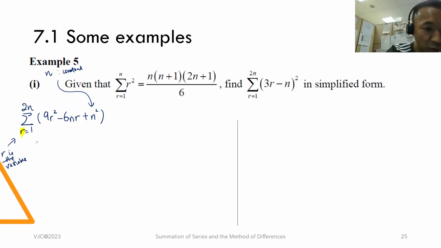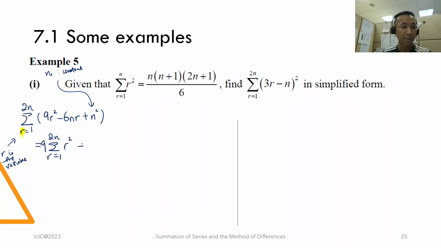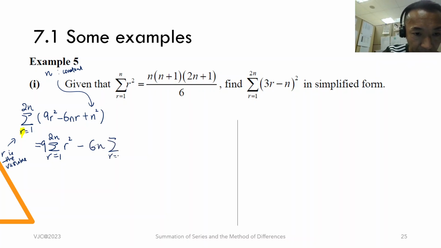So I'm going to split up the summation now. 9r squared minus, because n is a constant, I can factorize 6n out of the summation. And I can factorize the n squared out of the summation of 1.